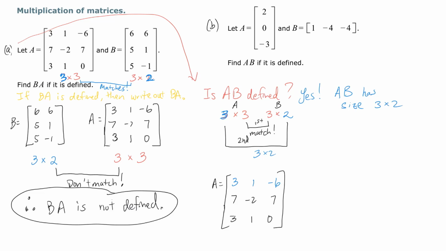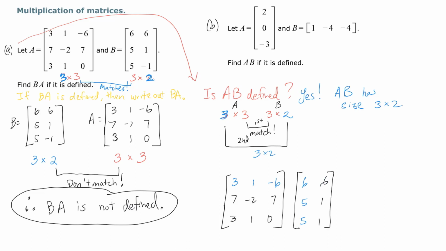And then I'm going to write B next to it. B is, I'm going to write it this way: 6, 5, 5, and then 6, 1, 1.